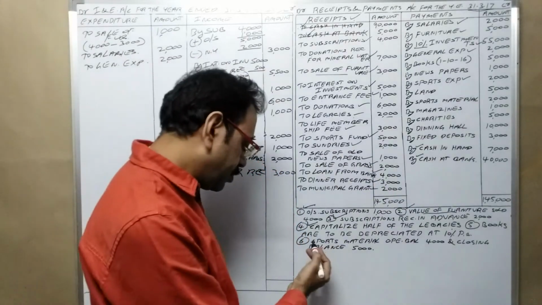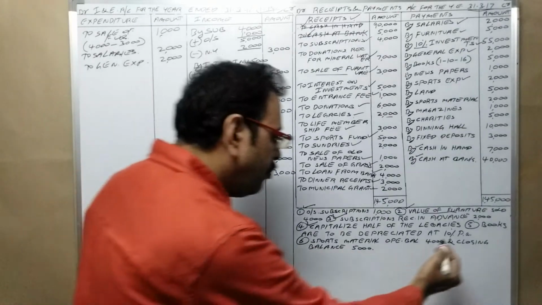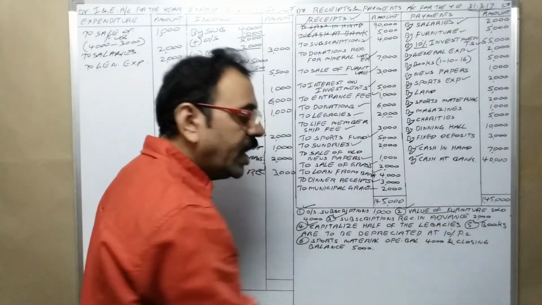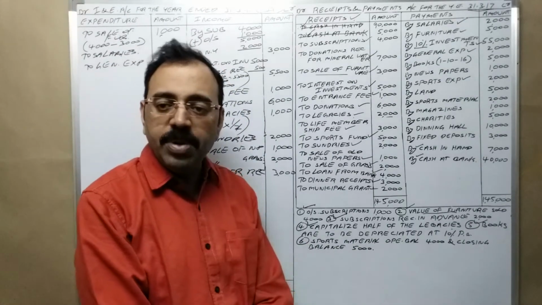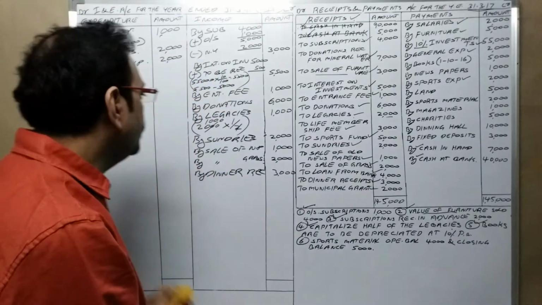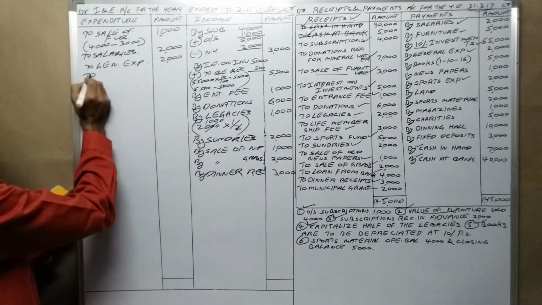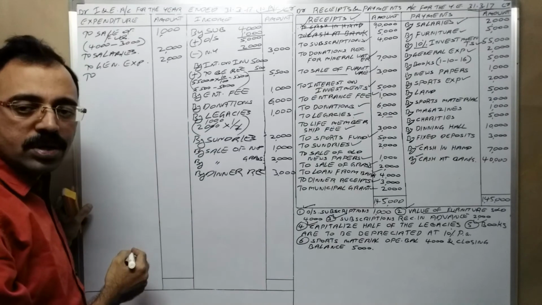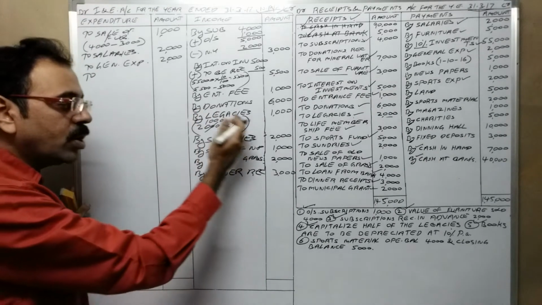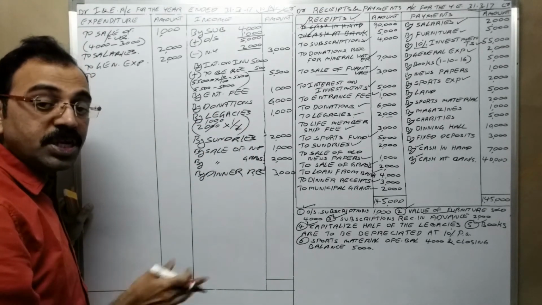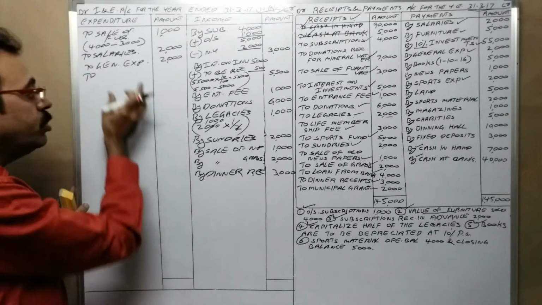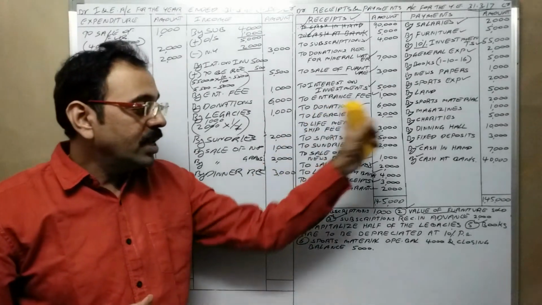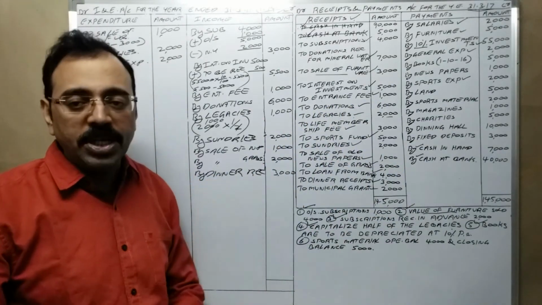See, fifth point. Books are to be depreciated at 10% per annum. Depreciation is there. So we said we should write that on the debit side, because it is a nominal account. Nominal account rule I am following: debit all expenses and losses, credit all incomes and gains. Depreciation is a loss. It is to be debited here. Remember one more difference between receipts and payments and income and expenditure.